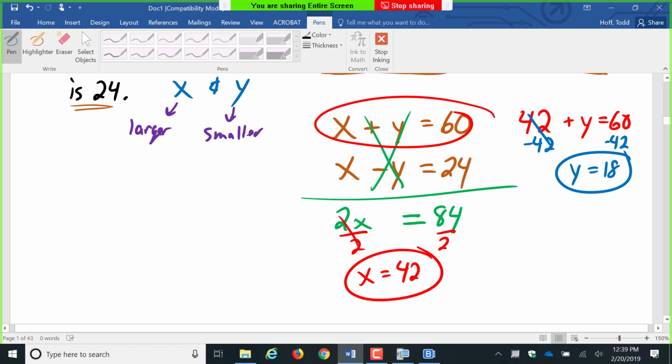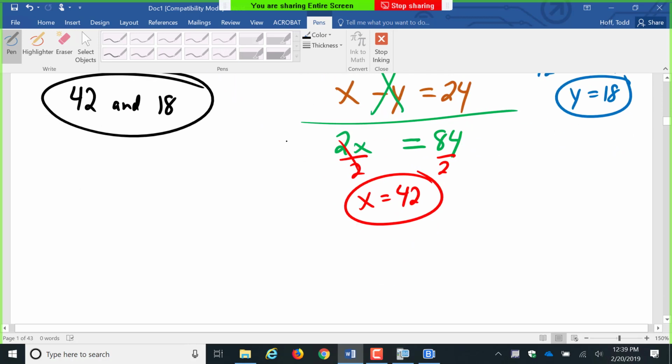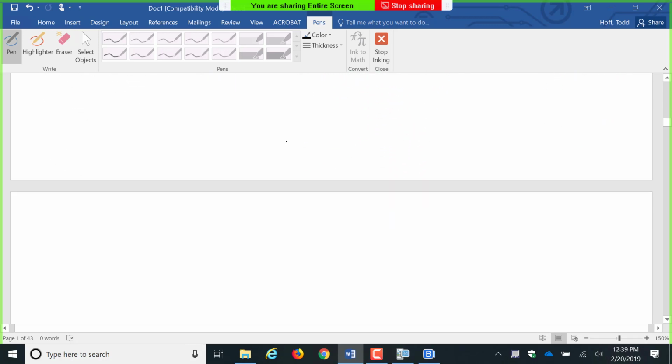So our two numbers are 42 and 18. Make sense? That one's pretty simple to set up when you do it that way.